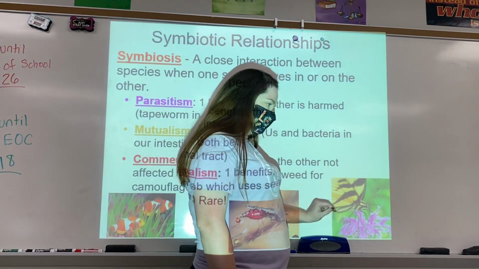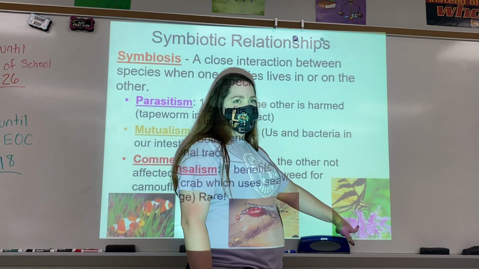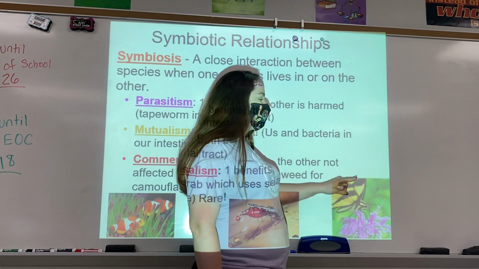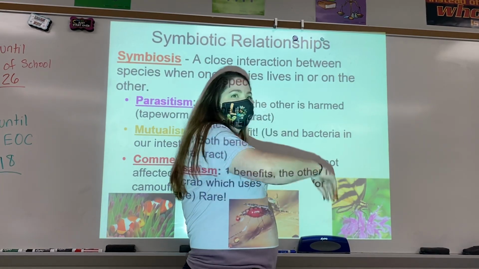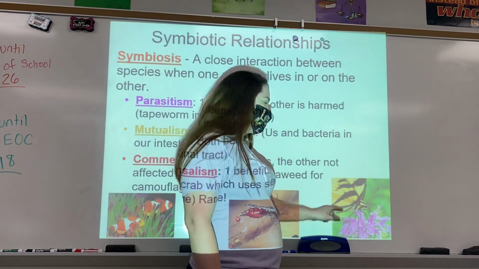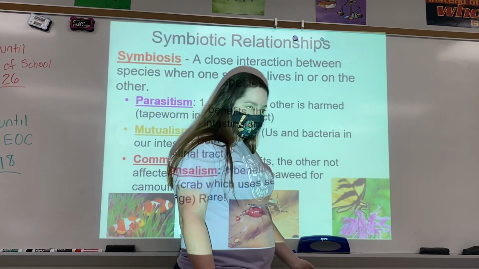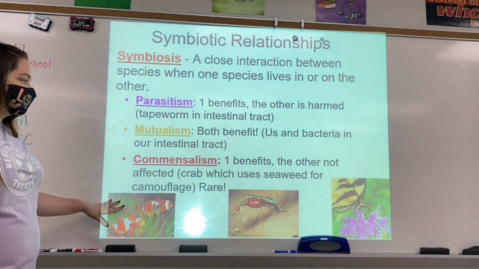That is mutualism, because what is the butterfly getting from the plant? Pollen, nectar, food. And what is the plant getting from the butterfly? Pollination. The butterfly is going to go from one plant to another, and it's going to help this plant pollinate, which is going to allow it to make more offspring. So this is mutualism, this is parasitism, this is commensalism.